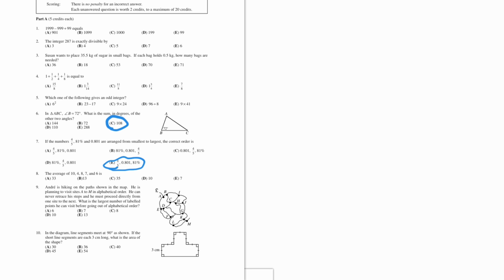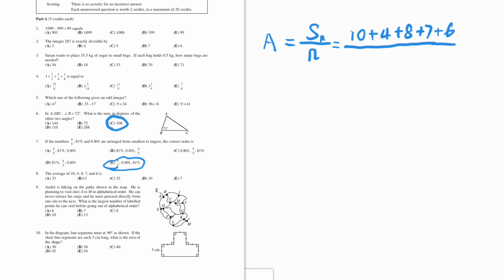Number 8. The average of 10, 4, 8, 7, and 6. The average equals the sum of the numbers over the number of numbers. In this problem, the sum is 10 plus 4 plus 8 plus 7 plus 6, all 5 numbers.